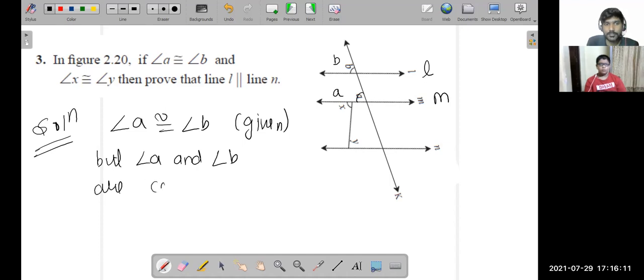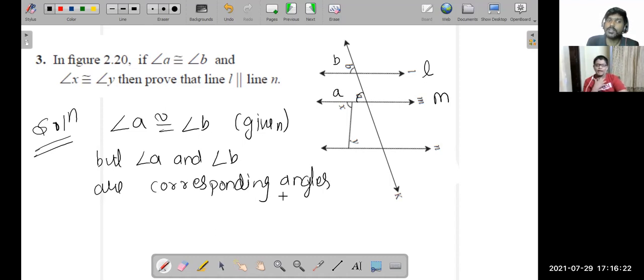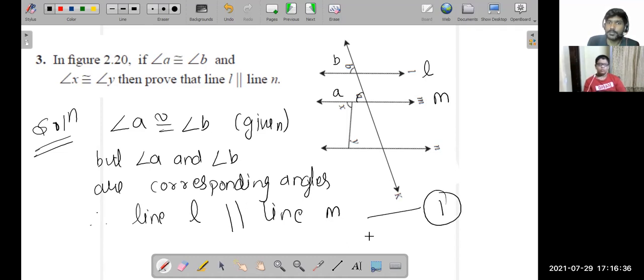Corresponding angles. So corresponding angles are congruent, hence lines L and M are parallel to each other. Therefore, line L is parallel to line M. This is one.